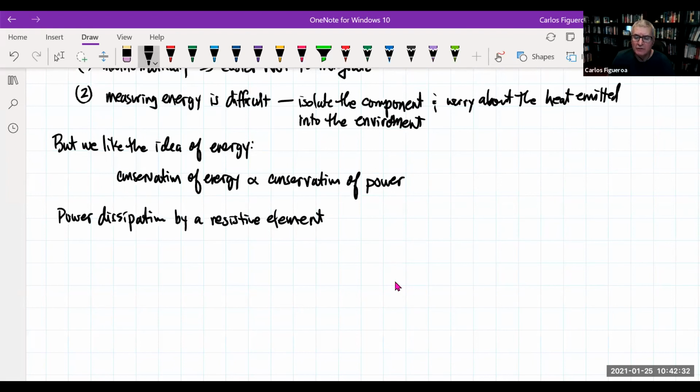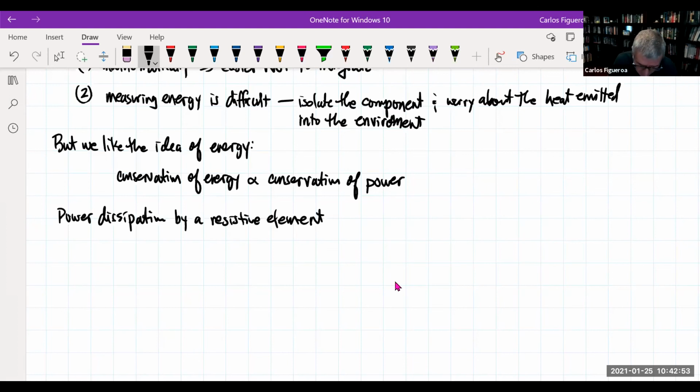Suppose you have a toaster, and you're throwing in a bagel. The power dissipated by the resistive element of the toaster is a good thing, because it gives off heat, and that heat makes the bagel taste better, it being toasted.